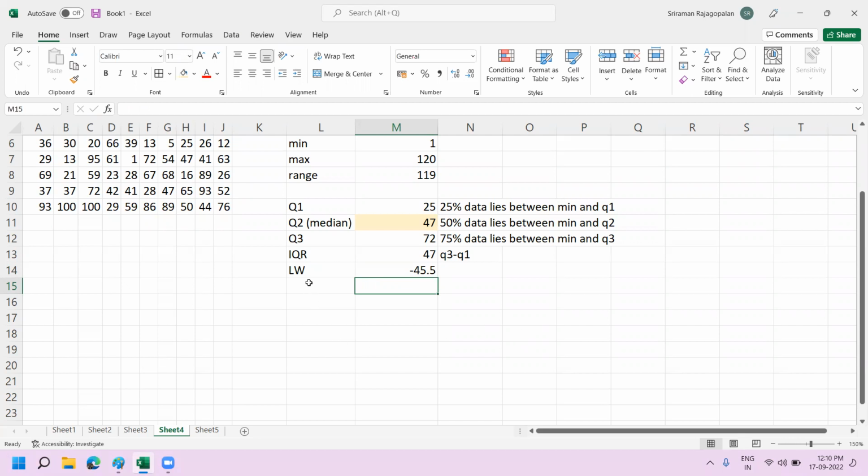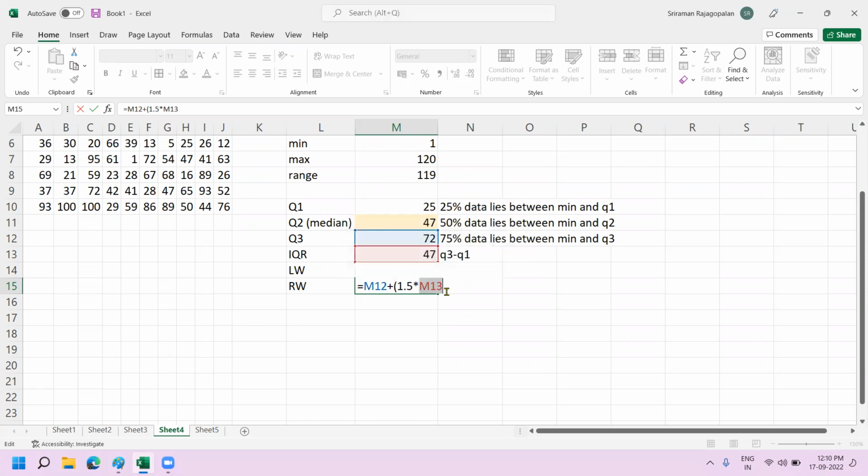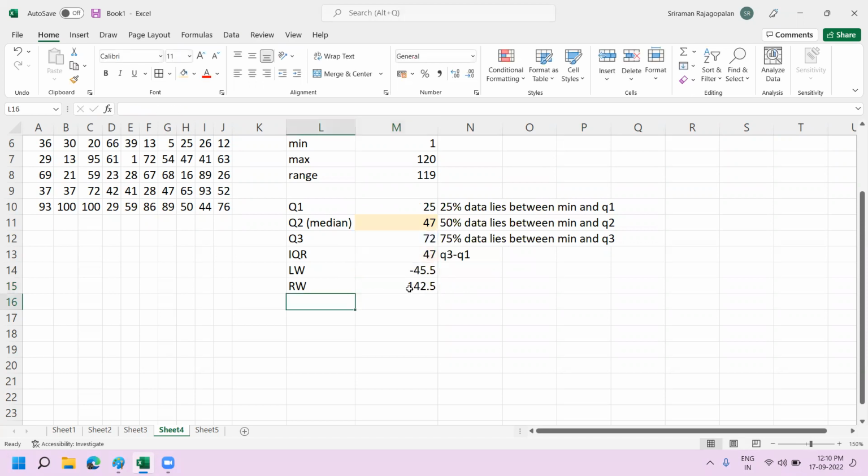And what is the right whisker value? Quartile 3 plus 1.5 multiplied by IQR, which is 142.5.